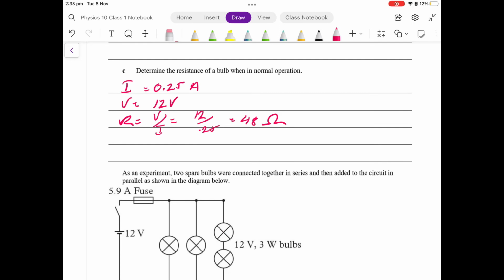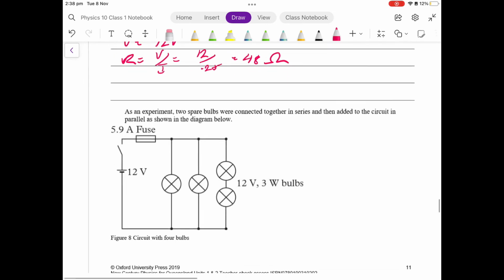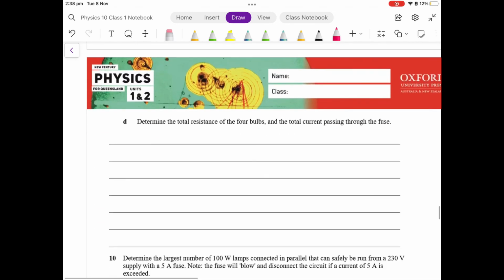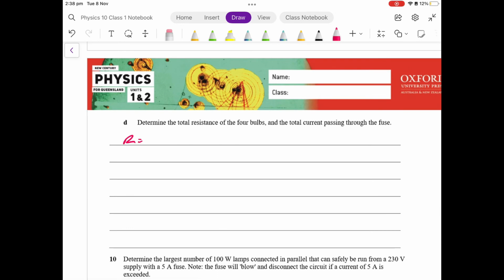Then we're looking at this next circuit. We've got 3 parallel paths, 2 of them with 1 bulb and a third one with 2 bulbs. So we use the parallel path formula: 1 over the total resistance is 1 over the first one plus 1 over the second one plus 1 over the third one. In this case, the first 2 paths have resistance R, the third path has resistance of 2R, where R is 48. I'm going to take the factor of 1 over 48 outside the bracket, and I get 1 in the bracket, 1 plus 1 plus a half.